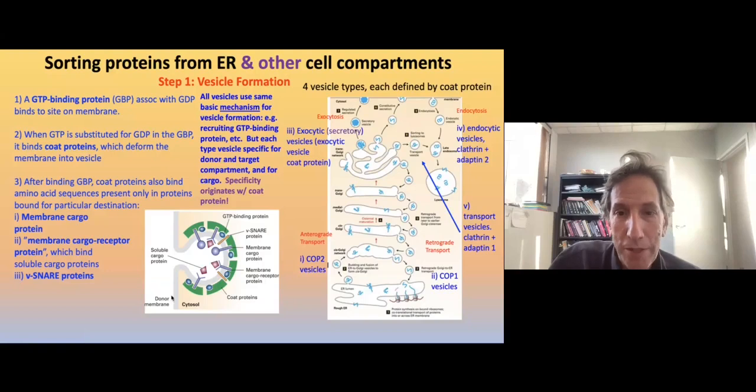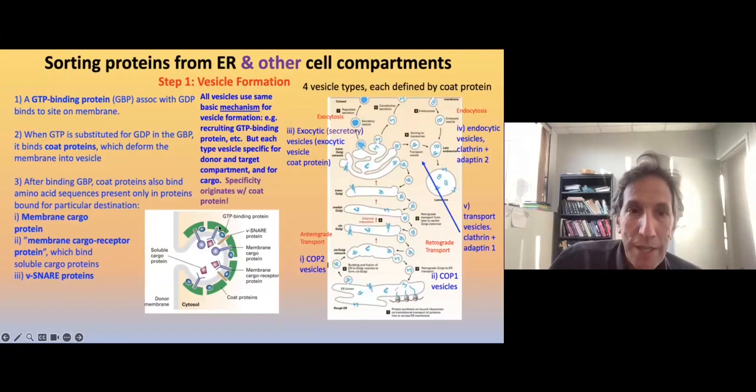For example, the ones coming out of the ER lumen have the COP2 coat protein, and so they're called COP2 vesicles. And as a result of having COP2, COP2 can bind to short amino acid sequences. They're only there in the proteins you want to move from the ER to the Golgi. It tracks all those proteins.